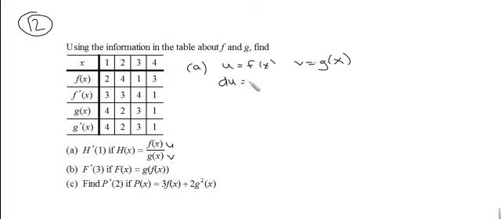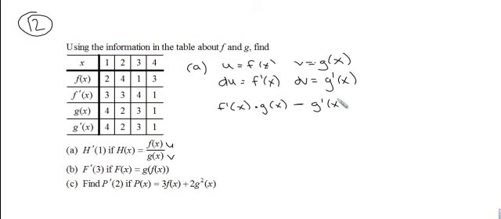So the derivative of u is f prime, and the derivative of v is g prime. So the quotient rule is the derivative of u times v minus the derivative of v times u, all over v squared.